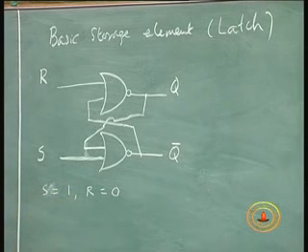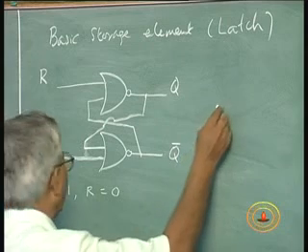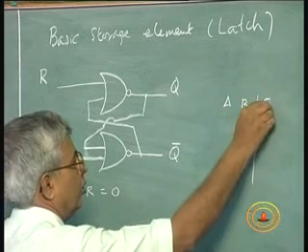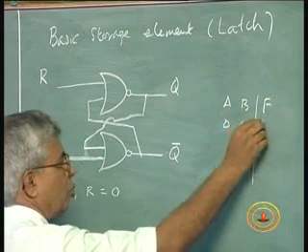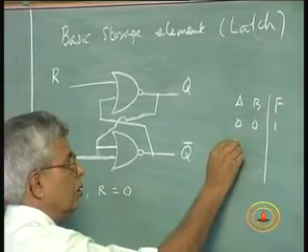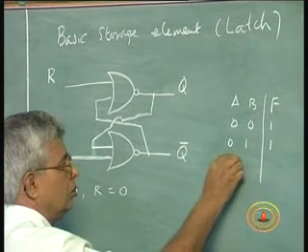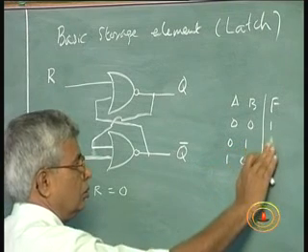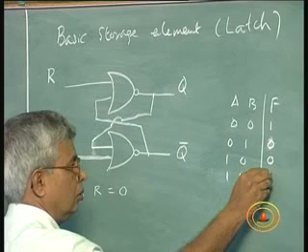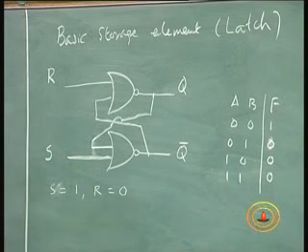What is the truth table of a NOR gate? Let us write it. A, B, F. Both 0. What is the output? 1. NOR is the complement of OR.